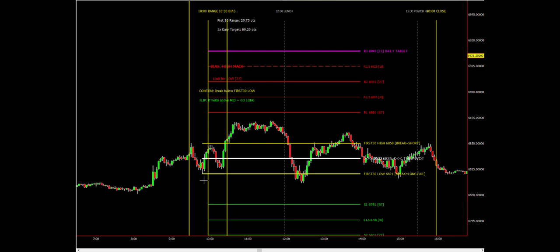This is called initial balance in profiling techniques, and if this one doesn't break, then it says very clearly look for the low. How do we look for the low? We are looking for the confirmation break low below the first 30 low, and it should take the low. And if it doesn't happen, we know something else is going on.